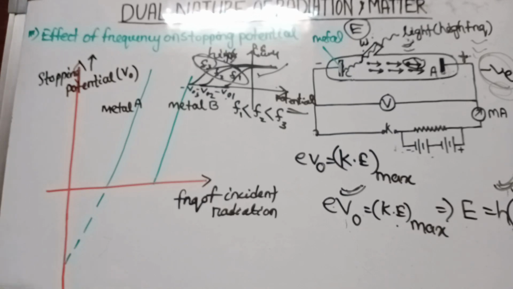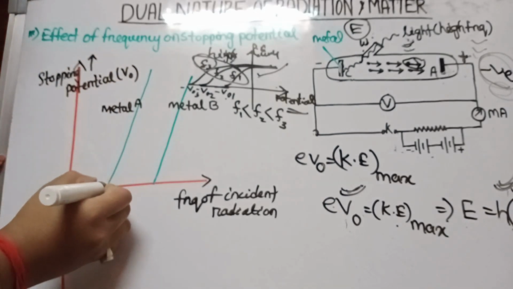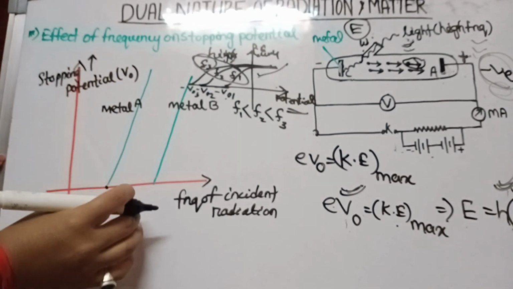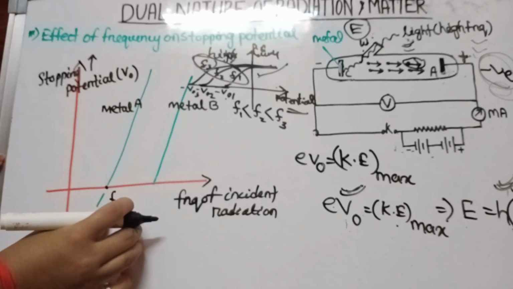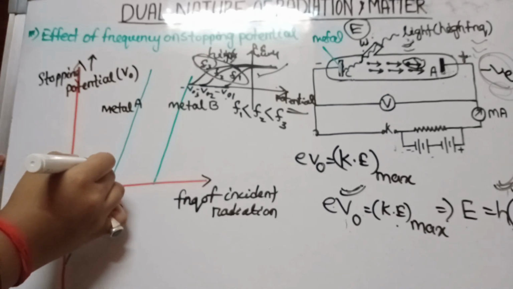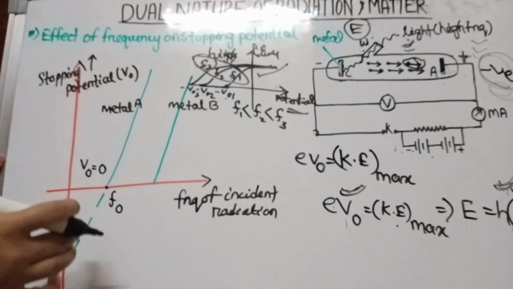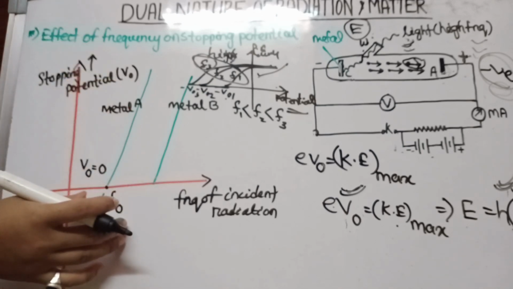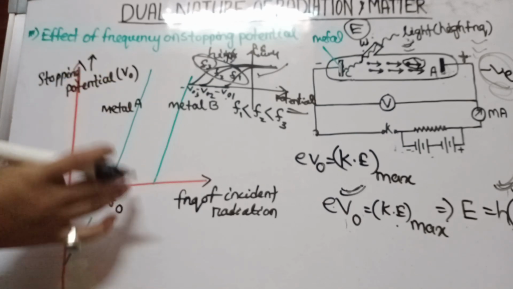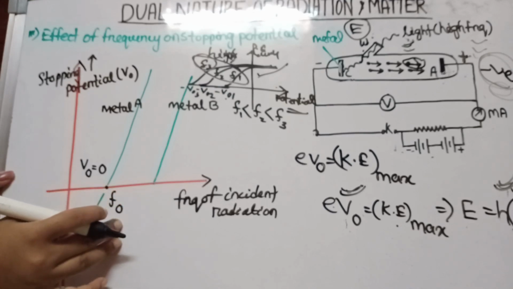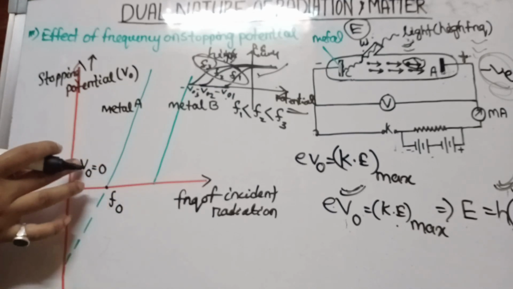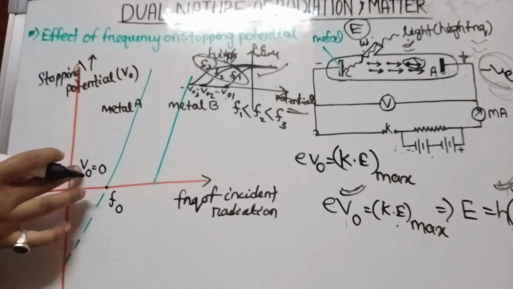Here we got a very important condition, student. Understand this point. At F0, meaning at the threshold frequency, the stopping potential is 0. This is the observation, student. At the threshold frequency, the stopping potential is 0.